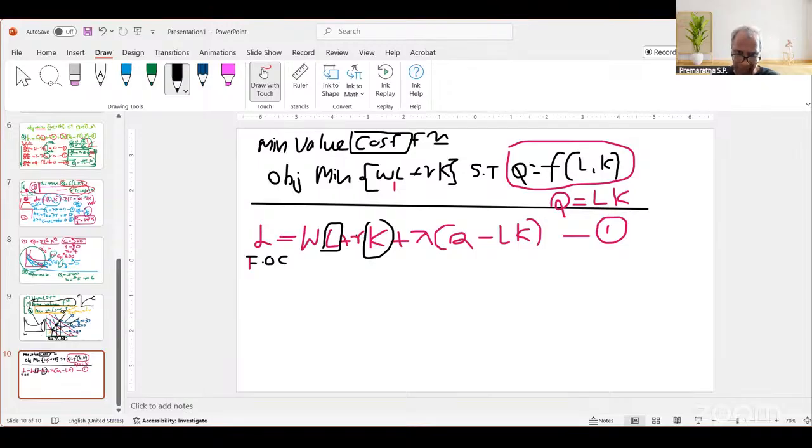We have to decide how many labors at the minimum point, how many units of capital, and this lambda, which we also call the shadow price, we also have to decide. Now differentiate the Lagrangian with respect to L, same thing like we did before, with respect to capital, and with respect to lambda.